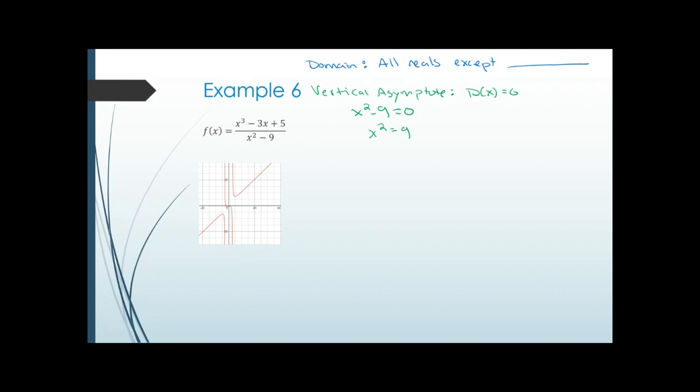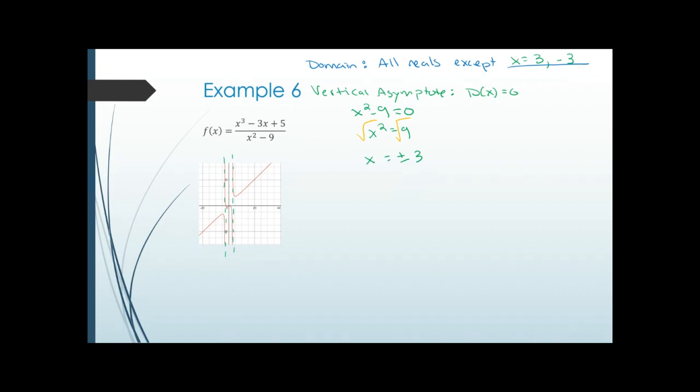And then I'm going to take the square root, and the square root of x squared is x, and I get plus or minus 3. So we have two vertical asymptotes, and they are at 3 and negative 3. So those are the values not in the domain. So I'm going to just draw those in. Those are roughly where those would be.